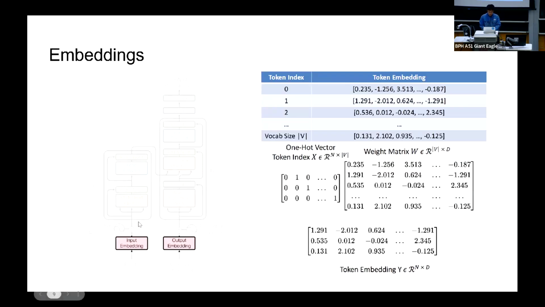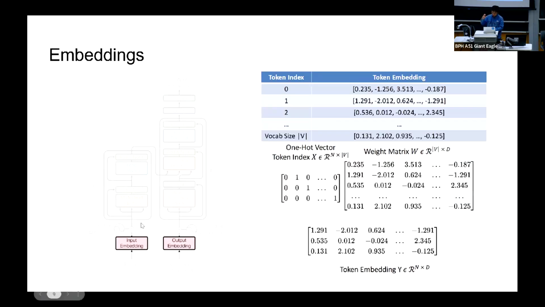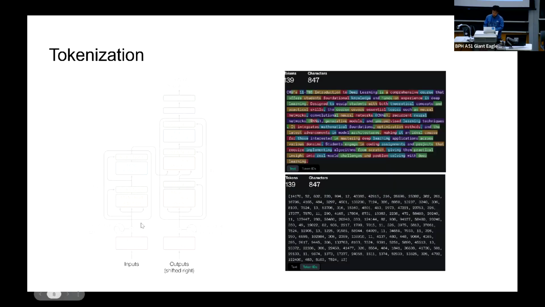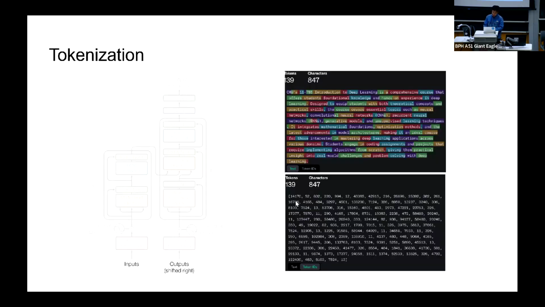Next we jump to embeddings. I think we have also seen embeddings this term in your homeworks. For each token we have an index, and for each index we store a representation of the token, which does not have any relationship with the index.